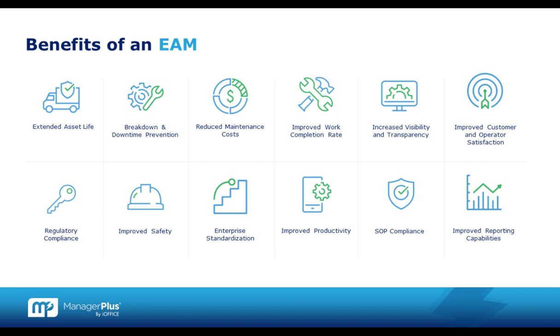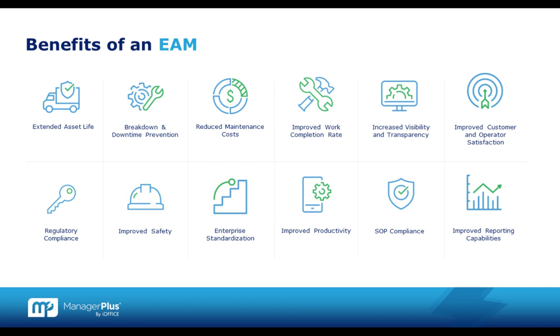So this is a list of common reasons why organizations will reach out and purchase an EAM. Now, there are hundreds of reasons why, but this is just a compilation of some more common reasons. You'll notice those first two, extend the asset life and breakdown and downtime prevention. Those are really focuses of the CMMS.